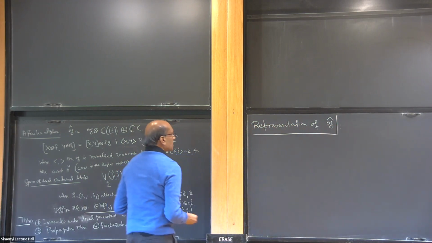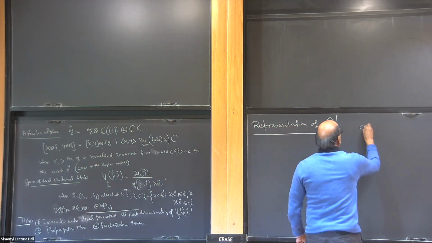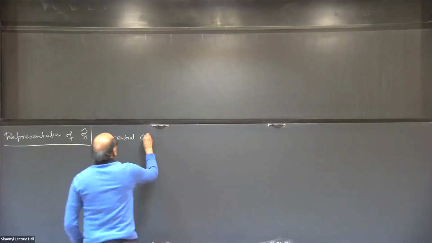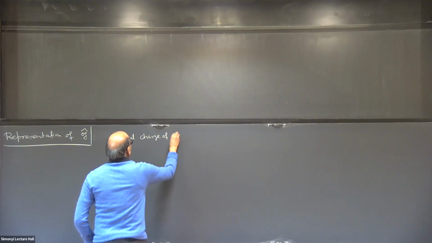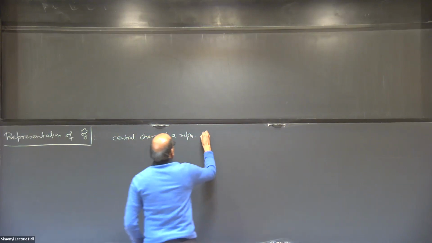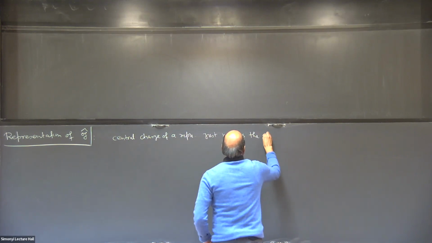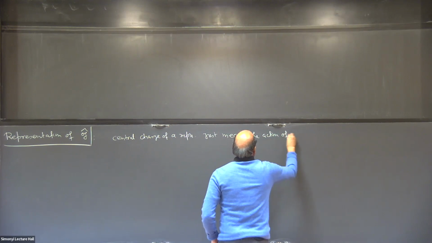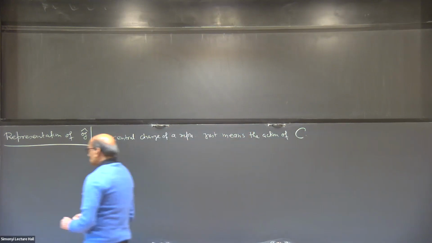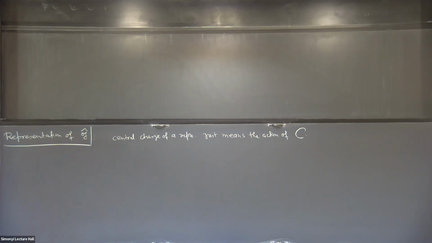The central charge of a representation just means the action of C. My main interest is in the integrable highest weight modules for G hat. That will be the subject of main interest.